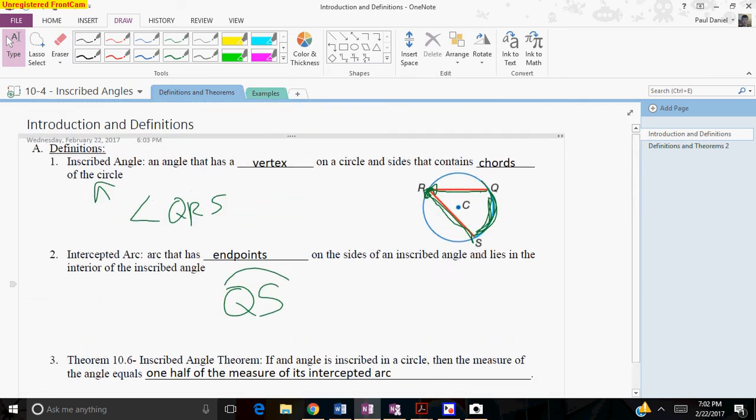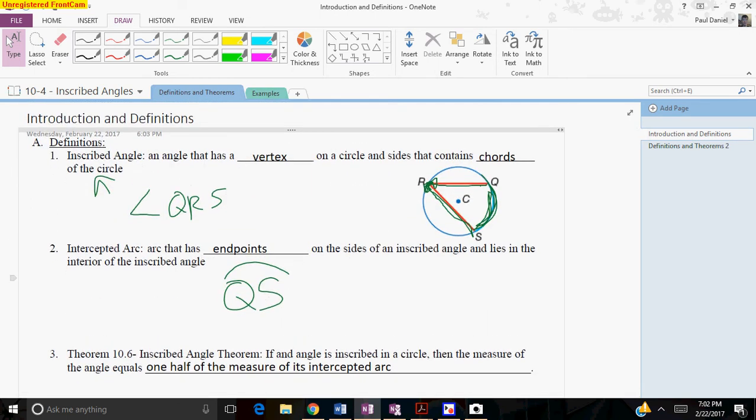Okay, and then lastly but not least, we have this way to figure out the measure of the angle if I know the intercepted measure of the arc, or the measure of the arc if I know the angle.